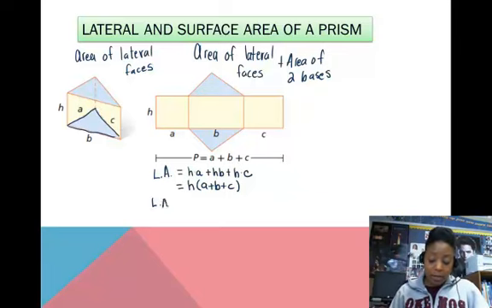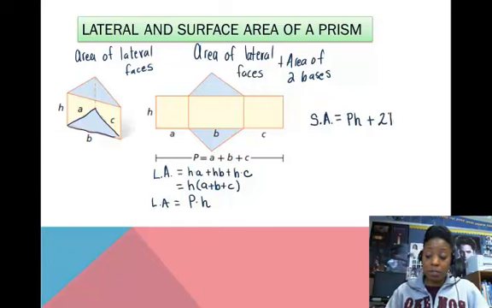So our lateral area is going to be P, for the perimeter of the base, times the height of the figure. Now if we're going to find surface area, I'm going to abbreviate that with SA. It's the area of the lateral faces, so the perimeter of the base times the height, plus the area of the two bases.